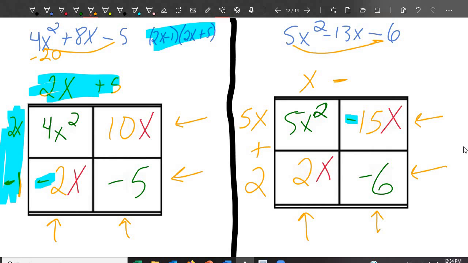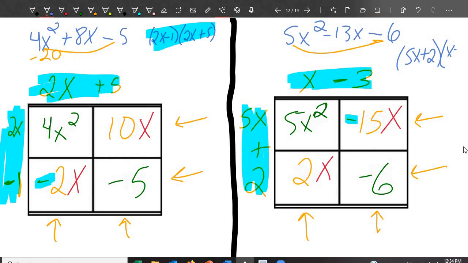So my GCF is a 3. So what's across the bottom? What's on the left and what's on the right is the final answer. So this factors into 5x plus 2, x minus 3. And again, you could do the FOIL method if you wanted to check it.